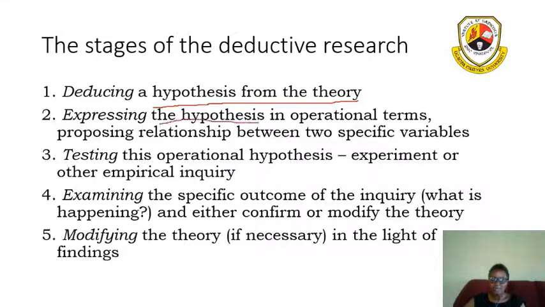Then that hypothesis is turned into operational terms. That means the researcher will state something like, let's say from TAM theory, where we say female users will take on a technology if they find it easy to use. Then they will put that into specific terms and say, female users have rejected Zvaste because they find it difficult to use, and male users have accepted it because they found it useful.